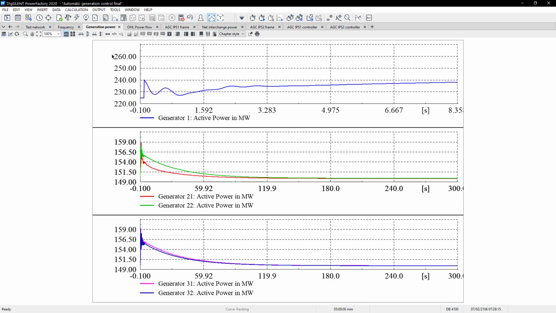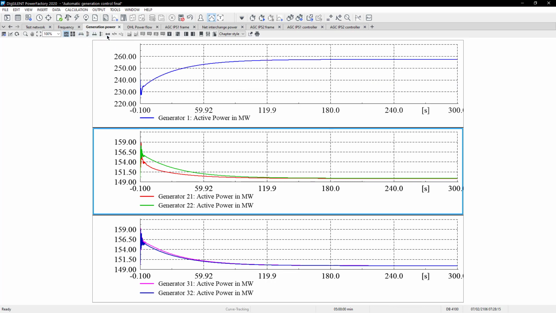Here you can see some of those units, we are reducing the rotational speed in some units, and as a consequence, the active power is changing, okay?